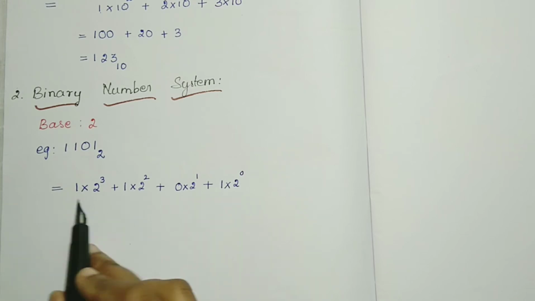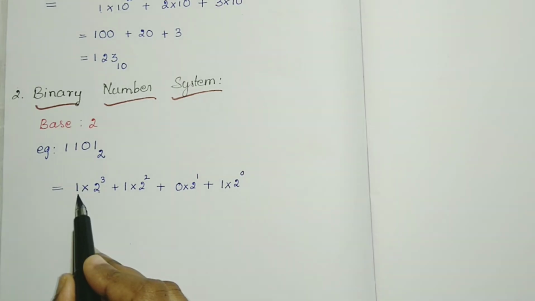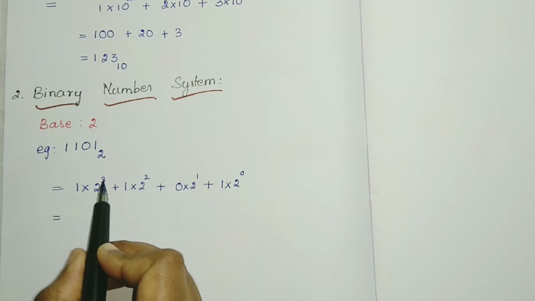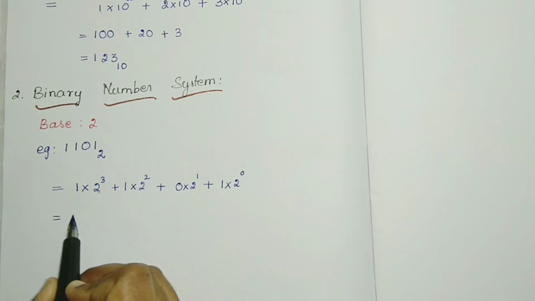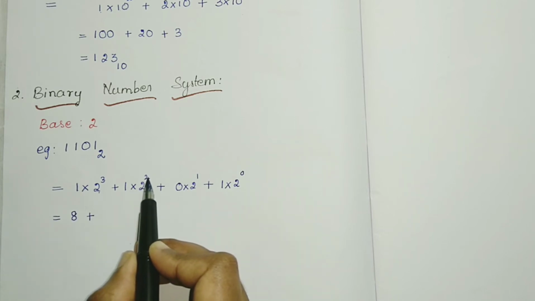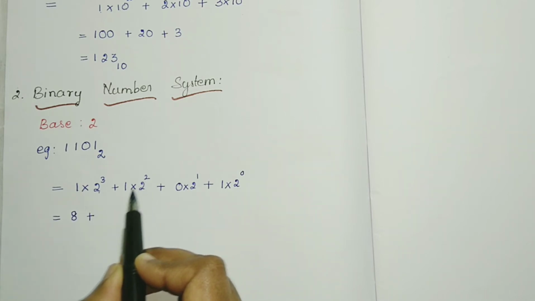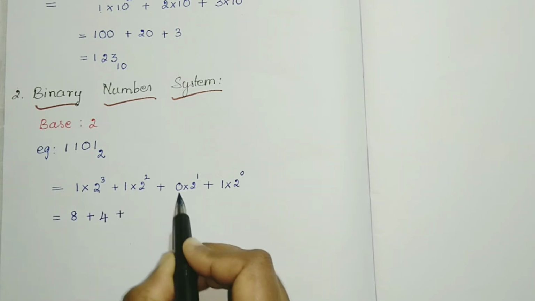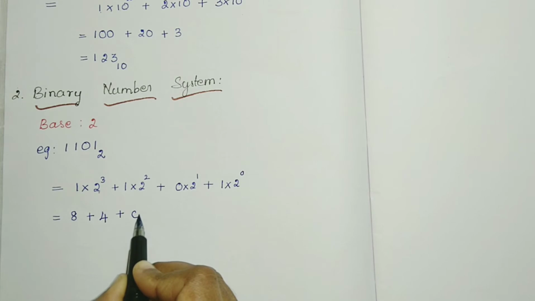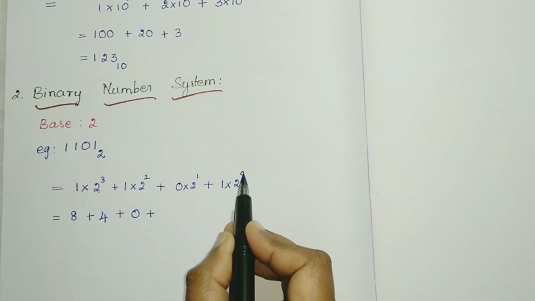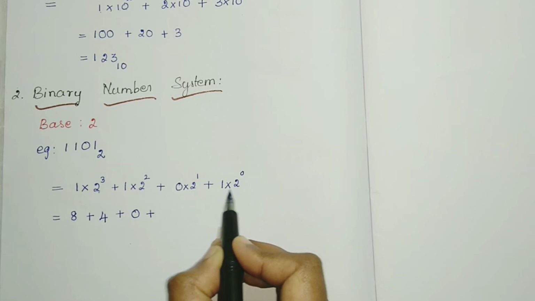Now you have to calculate this. 1 into 2 to the power 3: 2 into 2 into 2 is 8, and 8 into 1 is 8, plus 1 into 2 to the power 2. 2 to the power 2 is 4, into 1 is 4, plus 0 into any number, the result is 0, plus 1 into 2 to the power 0. 2 to the power 0 is 1, so 1 into 1 is 1.